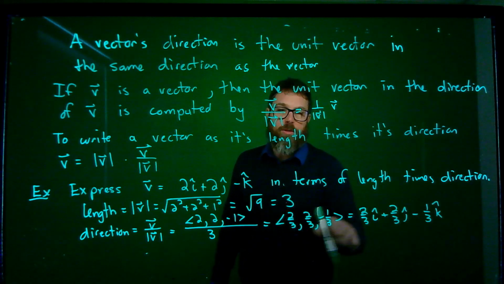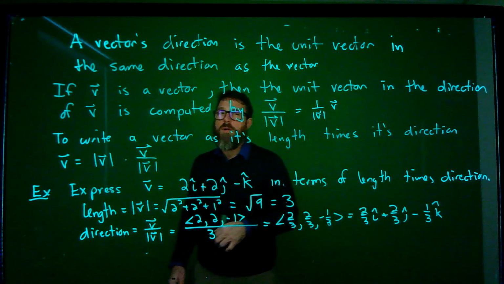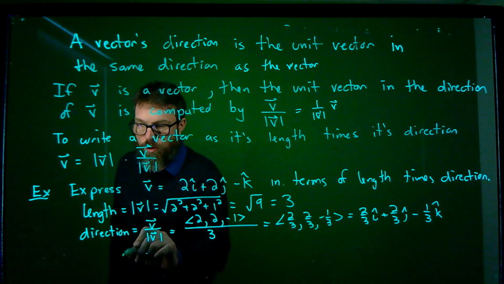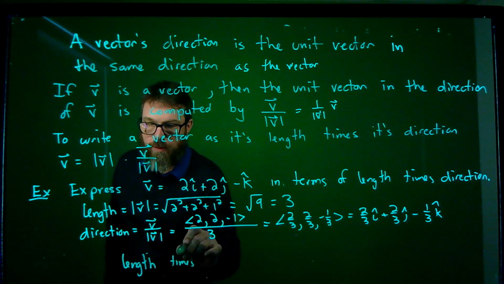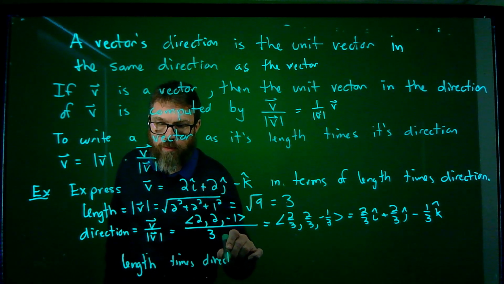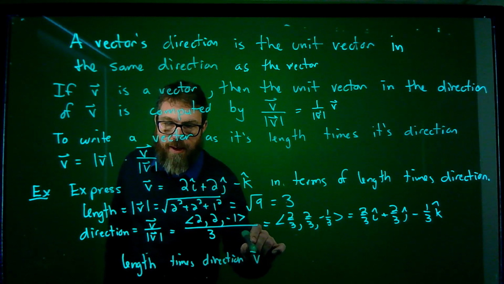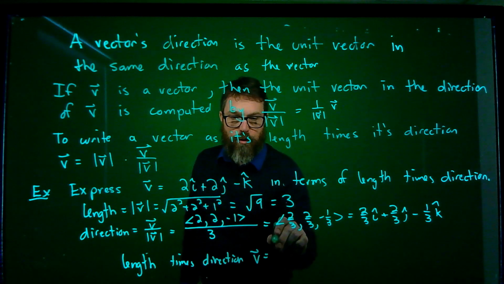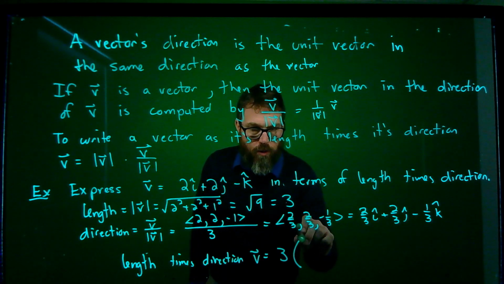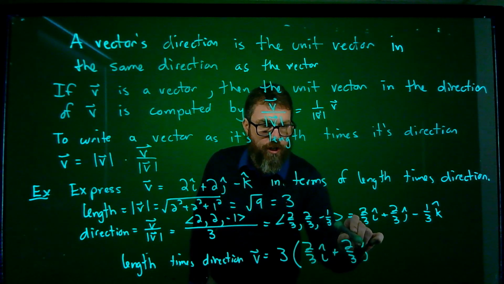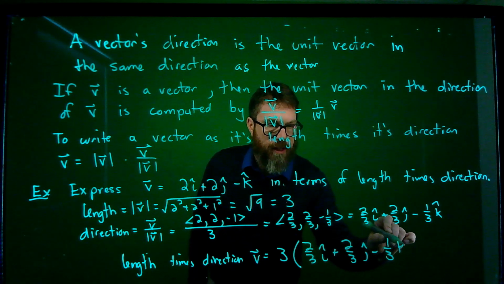It doesn't matter. They're equivalent. So when I want to do length times direction, I can say that vector v is equal to 3 times this vector: 2/3 i plus 2/3 j minus 1/3 k.